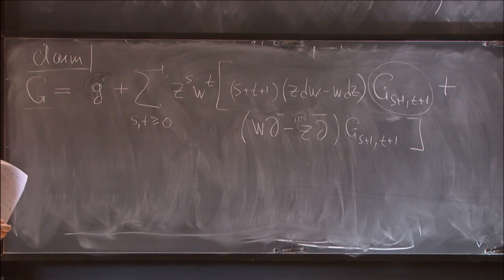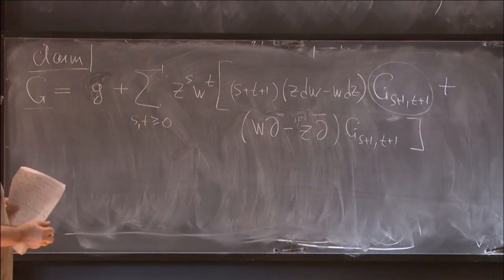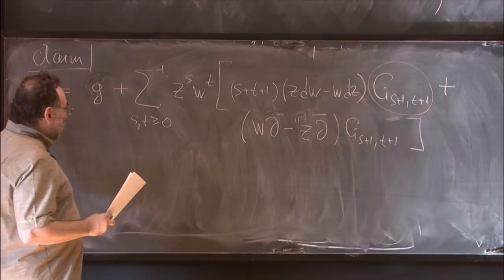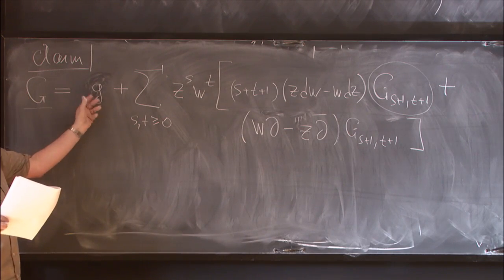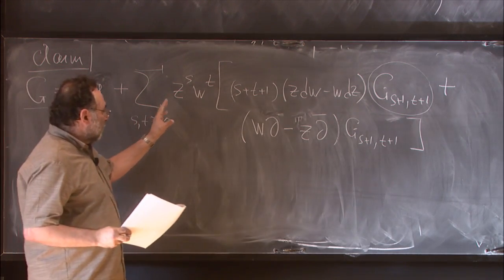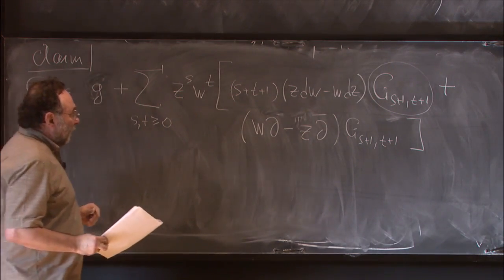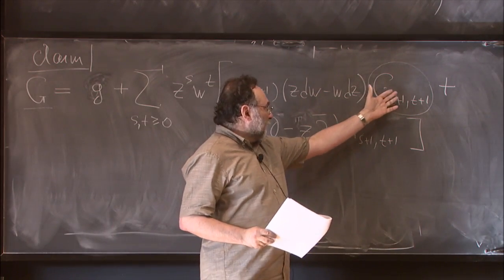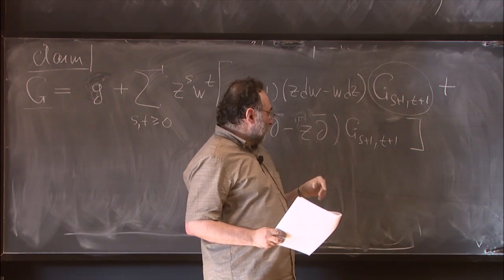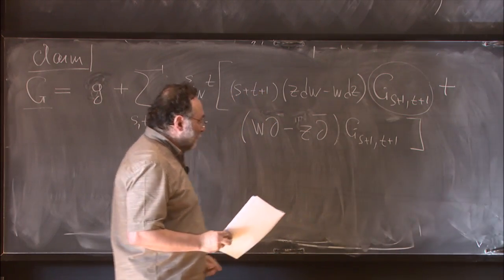So the claim is that basically by the very definition, the one form G which I'm getting is some little g, which I didn't discuss yet, but the rest lives on B cross C2, and its main input is some function on B and some one form on B cross C2.